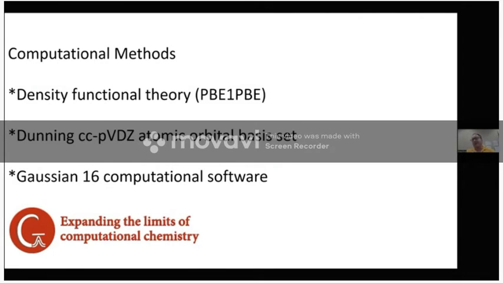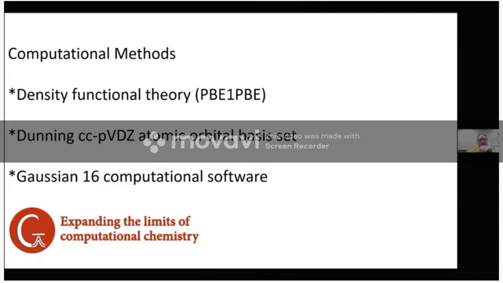Gaussian Incorporated, I don't know why I threw their logo onto this slide, maybe just to color it up a bit. I'm not one of their spokesmen, but I do make extensive use of their software in my research. So this is the method, this is how we do what we do.